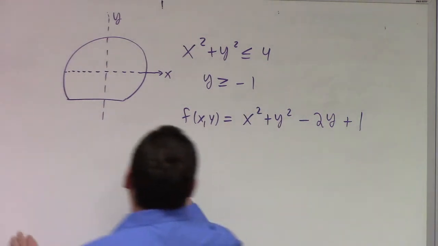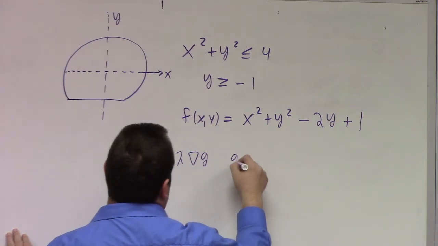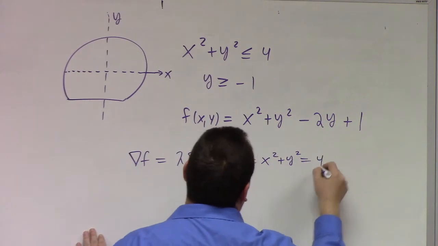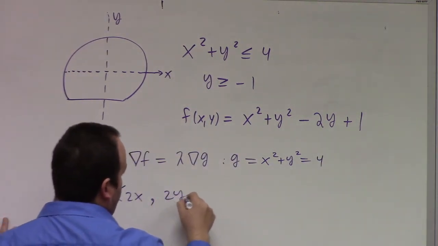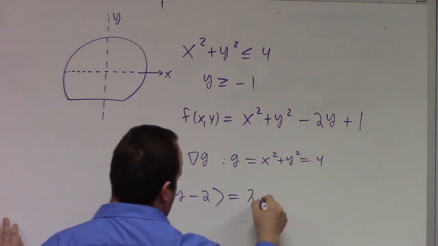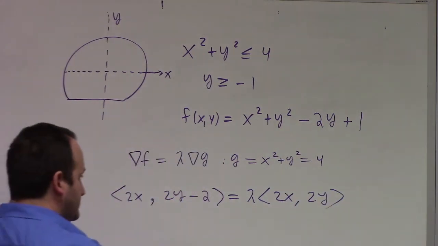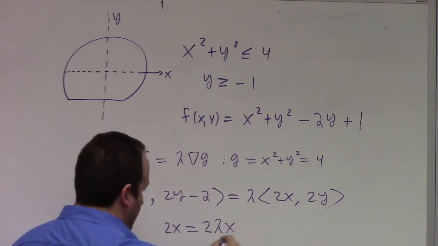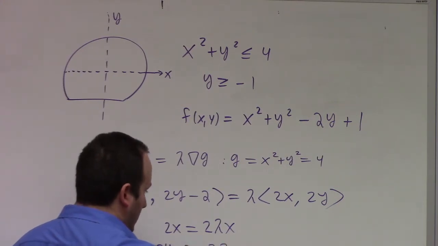If we solve the gradient of f equal to lambda times the gradient of g, where g is x squared plus y squared equals 4, that will give me what? That gives me 2x comma 2y minus 2 is equal to lambda times 2x, 2y, right? So I get 2x is equal to 2 lambda x, and I get 2y minus 2 is equal to 2 lambda y.